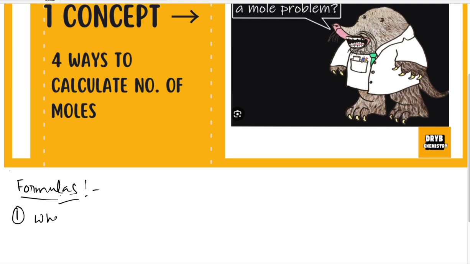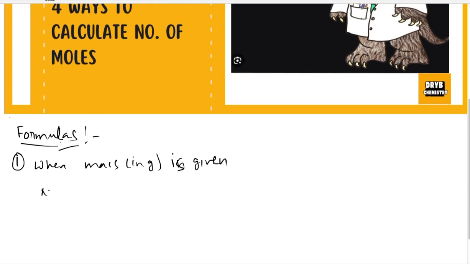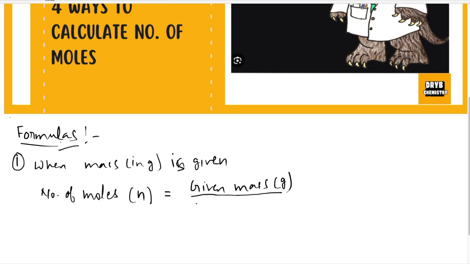Number one, when mass in gram is given. In that case, the number of moles, represented by small n, will be the given mass, and the unit of the given mass will be gram, divided by atomic mass if we are talking about atoms, or molecular mass if we are talking about the molecule, and the unit would be grams per mole.